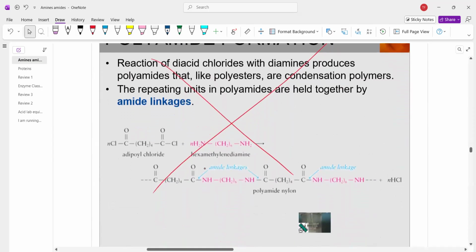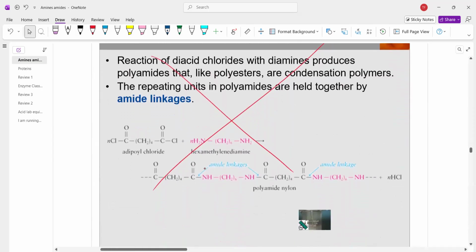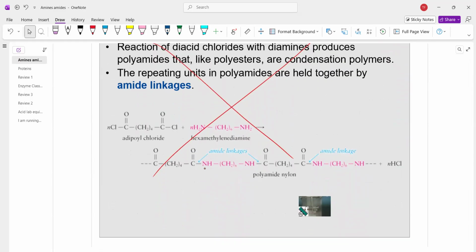Okay, now there's a lot of plastics that are made with amides, and plastics we're not going to cover in this class because it's not allied health scope. We're only going to cover natural polymers like cellulose and amylose and that kind of stuff. So don't worry about this.